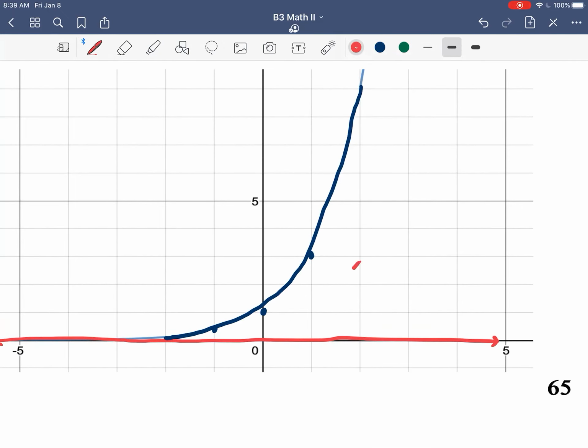This asymptote, in fact, never changes unless you have a vertical shift. So this is always at 0 unless there is a vertical shift. Going back to our last lesson, a vertical shift is whenever you have added or subtracted something outside of the function, and we'll see an example of this.